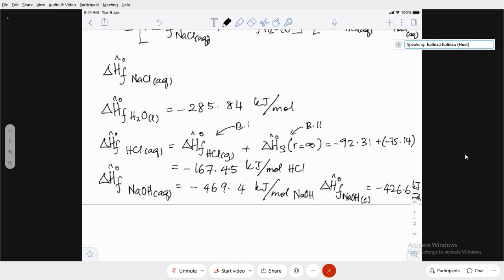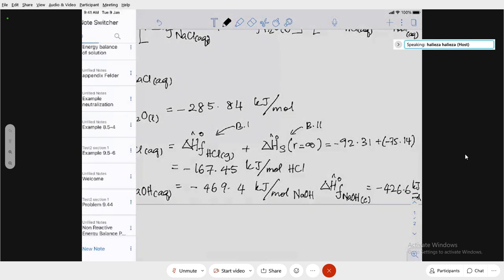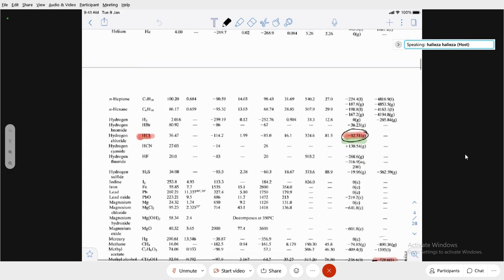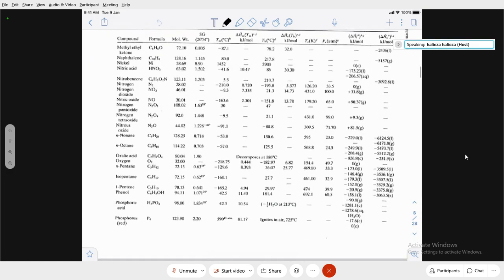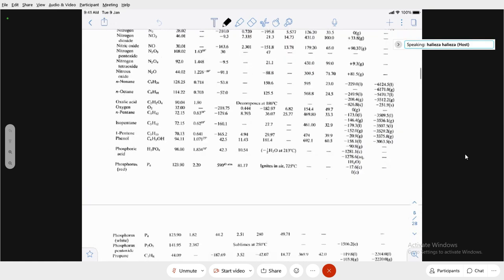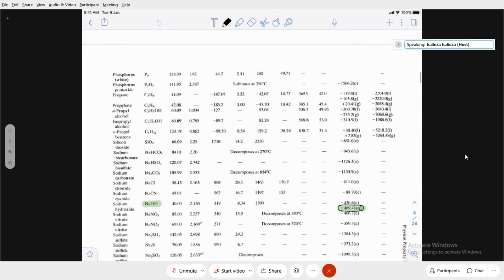Now sodium chloride. Not sure whether we can get it directly from B1. So let's have a look whether it is available in B1 as aqueous. Sodium chloride should be somewhere here. This is M. The sodium chloride is here.